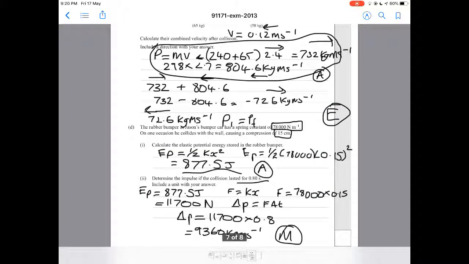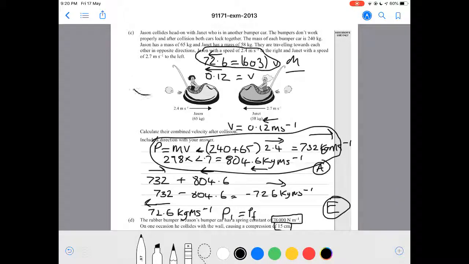Okay, so one thing I didn't really like about this question is that it's really easy to think that this question is actually referring to this question up here. But remember that in this question we were assuming conservation of momentum, so the initial momentum was equal to the final momentum.